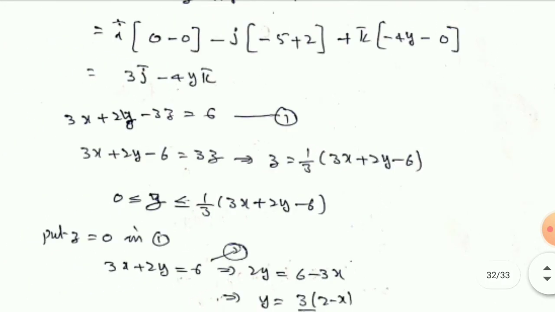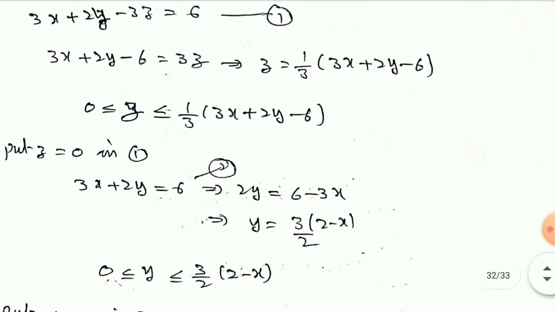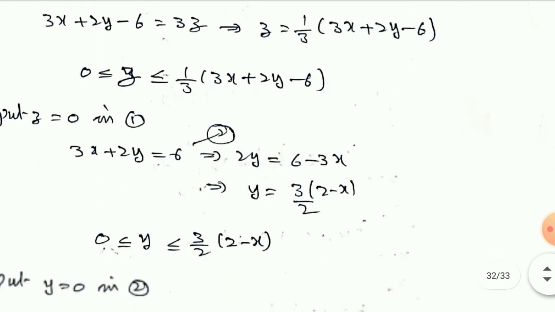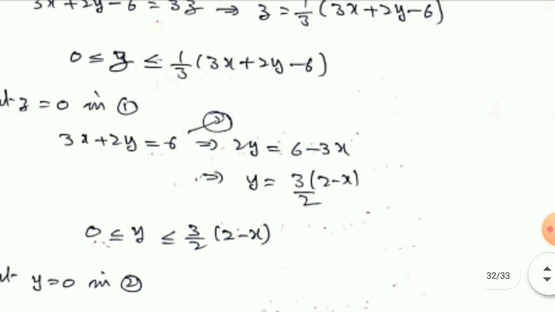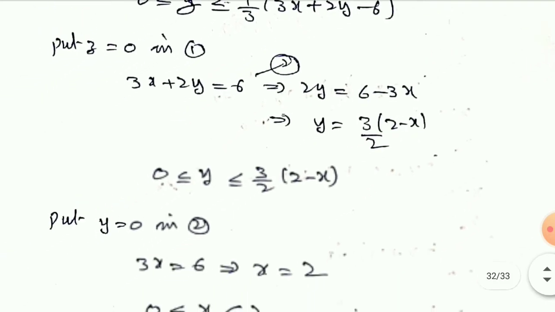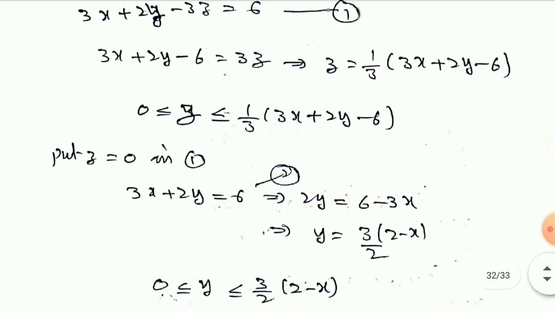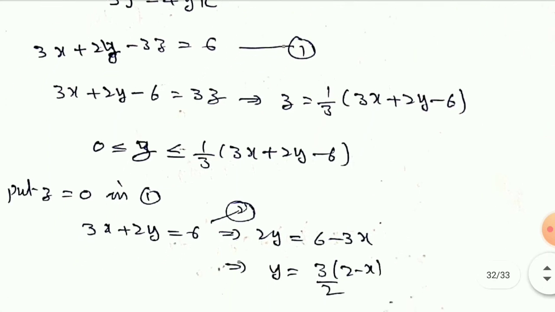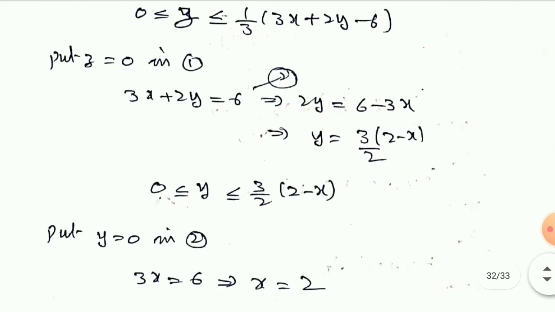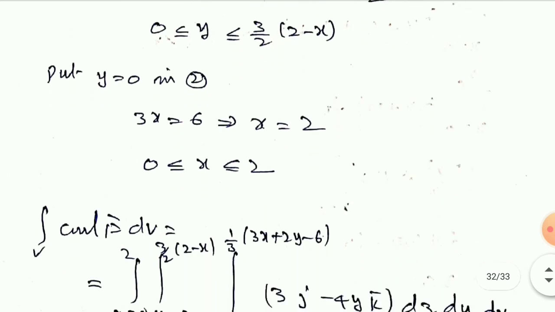So z limits are 0 to that value. Substituting z equal to 0 in the previous equation, you get y equal to 3 by 2 of 2 minus x. So y limits are 0 to that value. To get x limits, you substitute y equal to 0. From the given expression, first you calculate z, on substituting z equal to 0 you get y, on substituting y equal to 0 you get x limits 0 to 2.